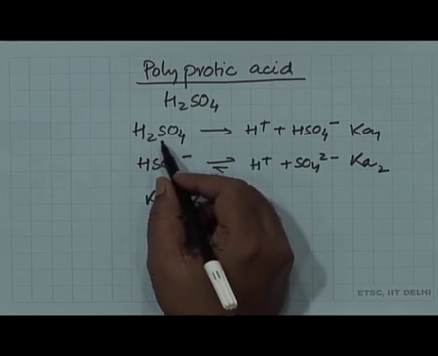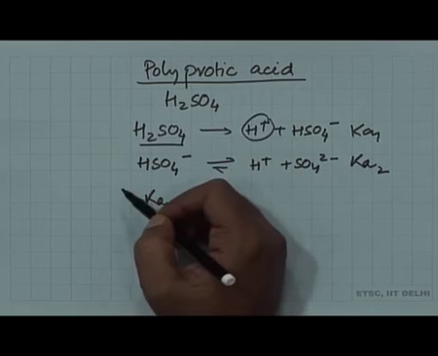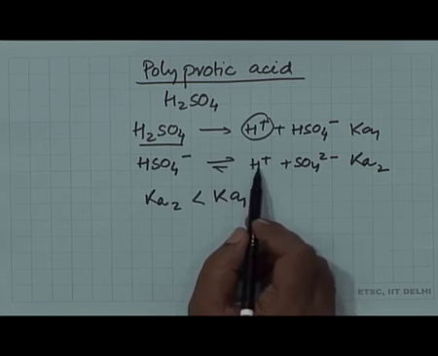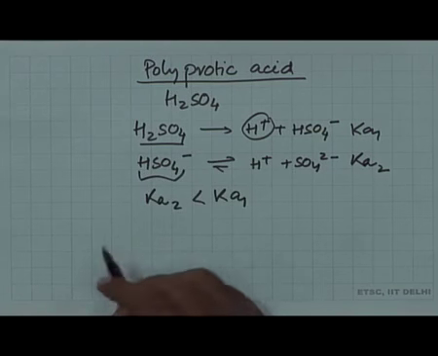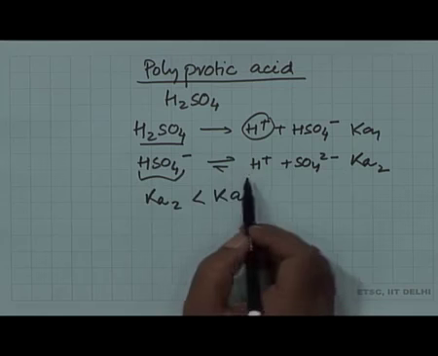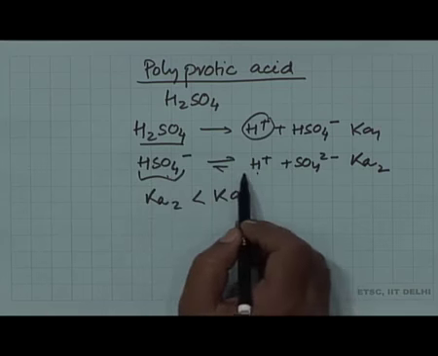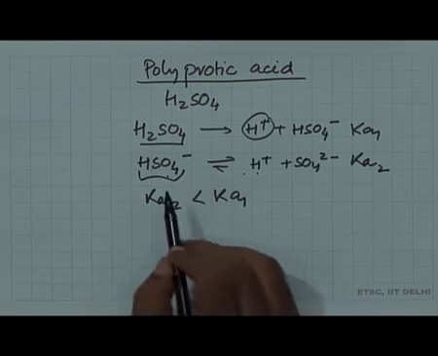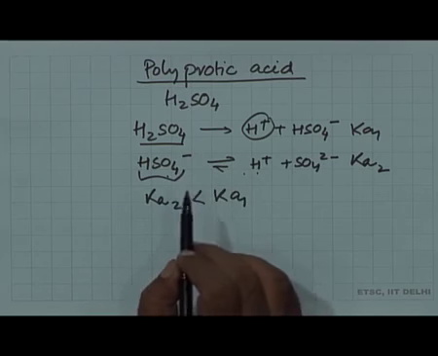First, you are removing an H plus ion from a neutral species, whereas in the second case you are trying to remove an H plus ion from a negative species. Removal of a positive ion from a negative species is really tough. It is not that easy a process, and so Ka2 is going to be small.